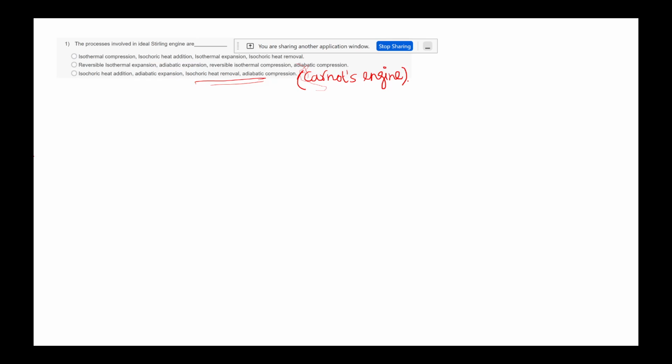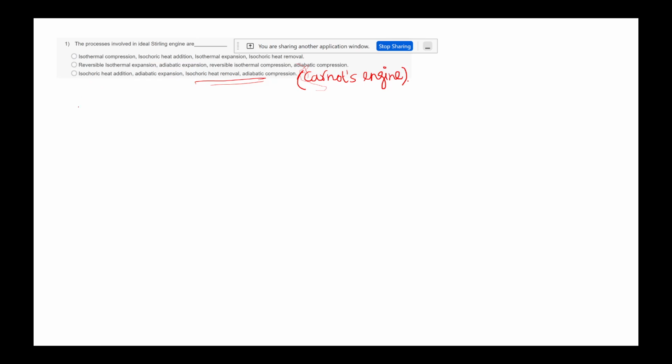But isothermal expansion, then adiabatic expansion, and then isothermal compression and adiabatic compression is also a sort of Carnot engine, in the same spirit. So it looks like we are left with only the first option, but let's draw the diagram.